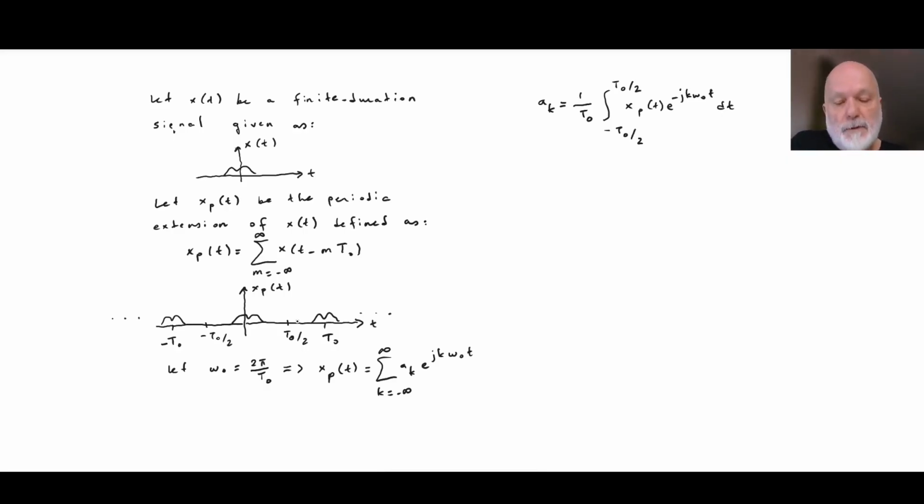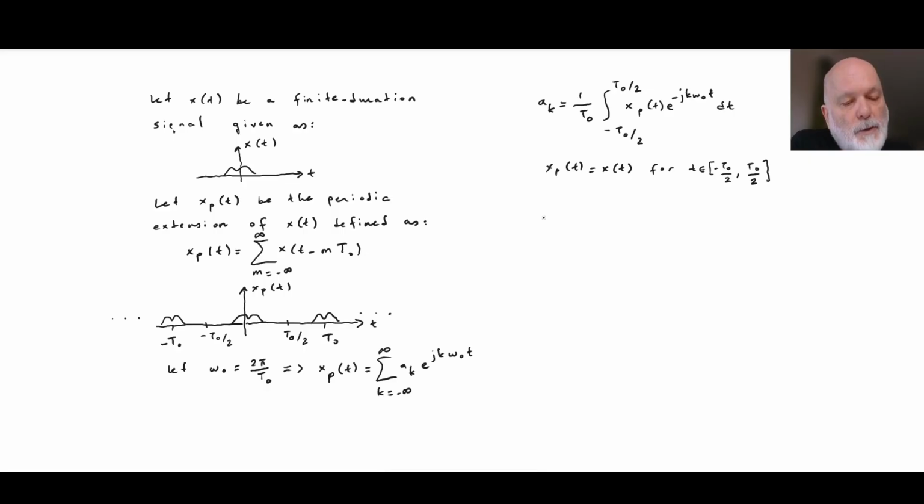Over that interval, xp of t is equal to x of t. So xp of t is equal to x of t for t in the interval from minus T0 over 2 to T0 over 2.